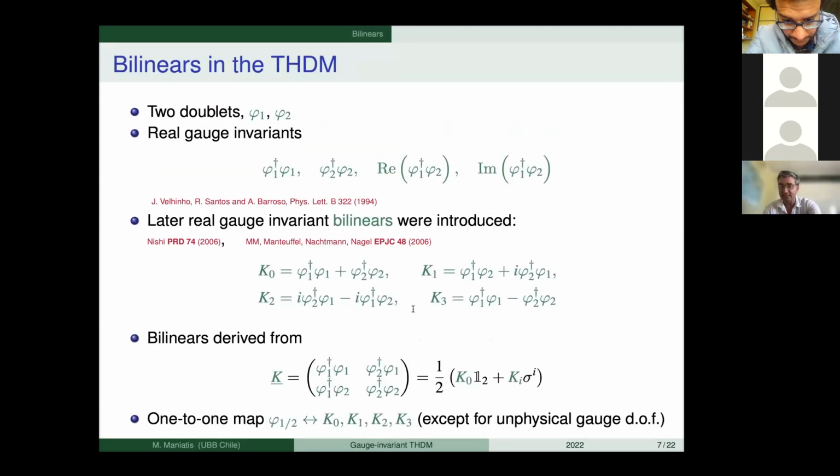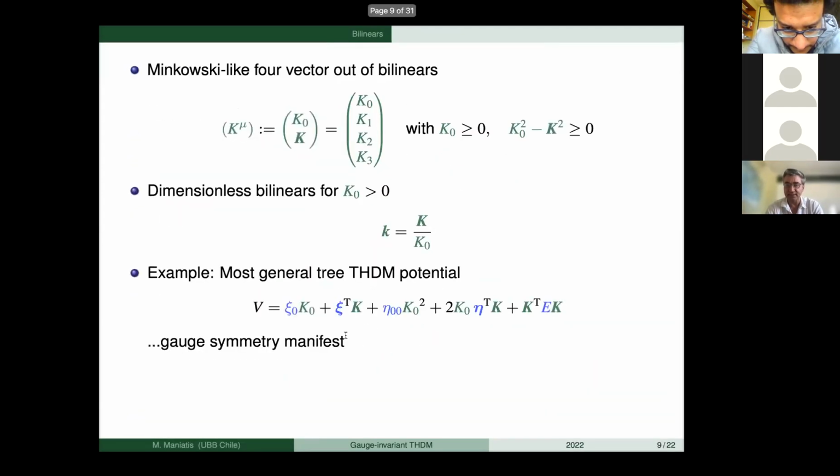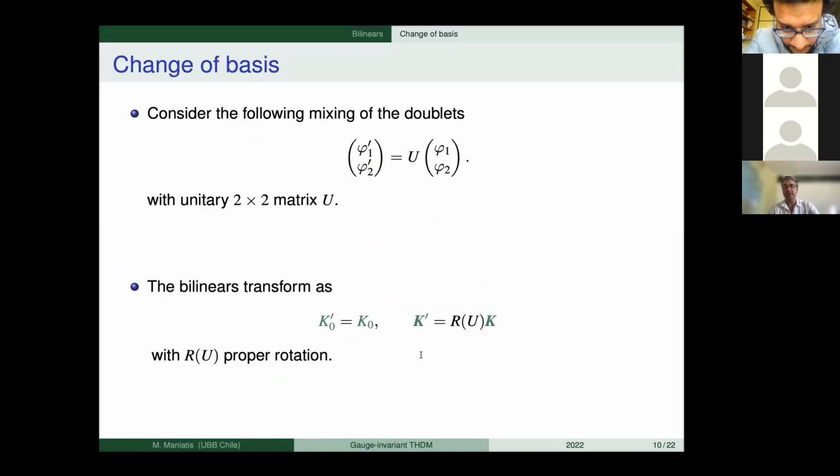You can add these relations and subtract these bilinears, in order to single out the phi i dagger phi j terms, and then you can replace them, and then you have the potential written in bilinears. You get the potential automatically in this form, and then you can see whether or not two potentials are related by simple basis transformation.